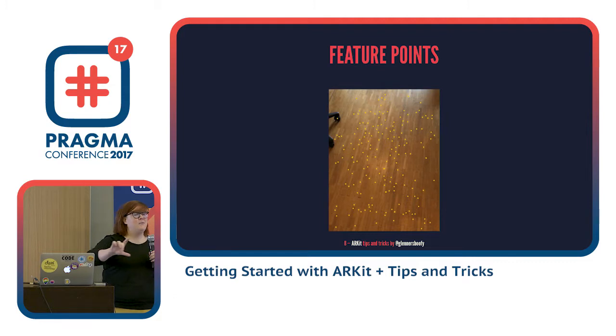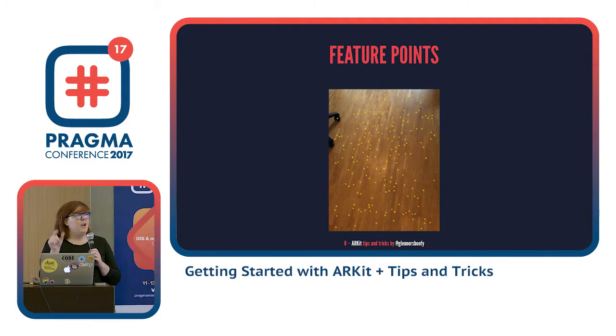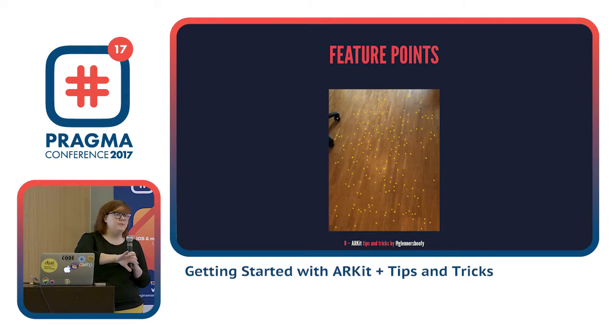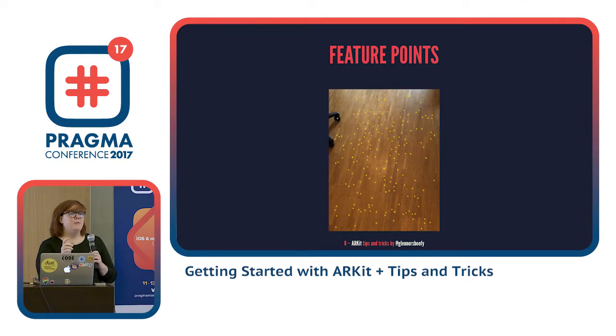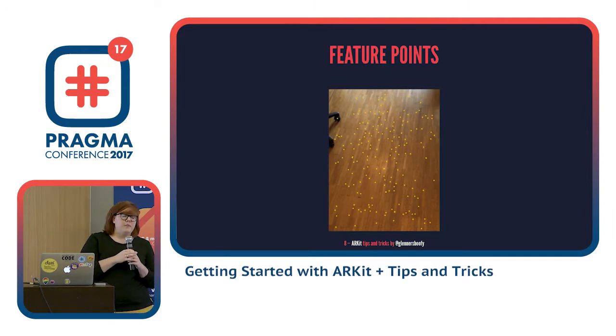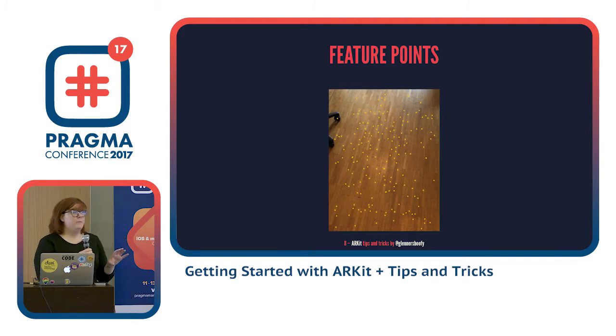And then through the video frames, they track that feature point. Based on the information they get from tracking the feature points between video frames, plus other information from your phone, like the accelerometer, the motion sensor, stuff like that, they're able to change the way your virtual objects look in the real world based on how you move your camera.